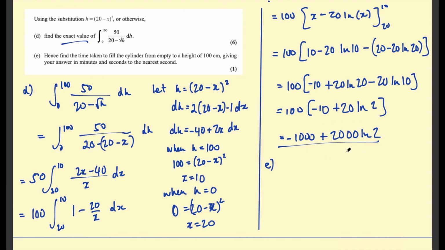If you plug that into a calculator, you get some decimal that will be in seconds, because we had the volume and time in centimeters per second. So this answer is in seconds. Then you need to divide that by 60 to get in terms of minutes, and you'll have some seconds as well. If you do that, you will get an answer of 6 minutes and 26 seconds.